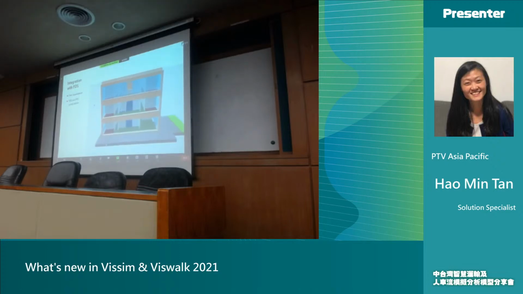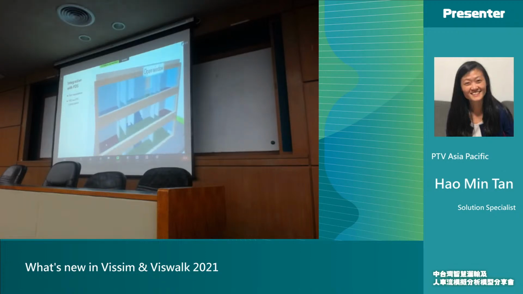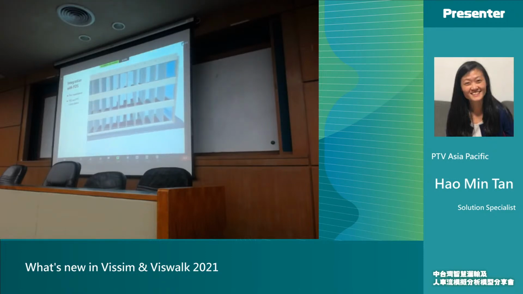So this is a Rainier case, which is mostly based in Germany, and this is how we can output the visualization using the FDS import.